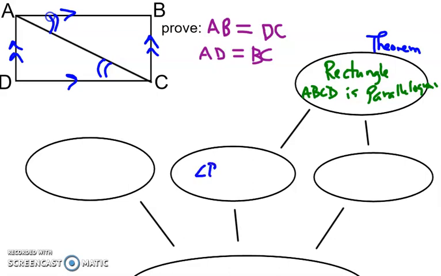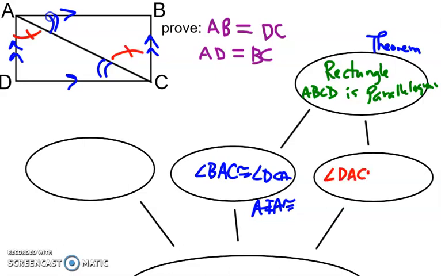So angle BAC is congruent to angle DCA because alternate interior angles are congruent when lines are parallel. And then the other pair of angles, angle DAC is congruent to angle BCA for the same reason.